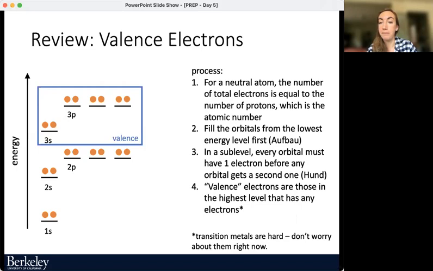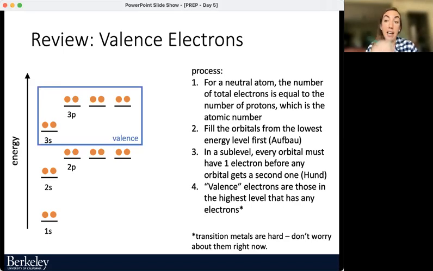Okay. So, oh yeah, go ahead. I have a question about valence electrons. So you said that if there's 8 valence electrons, then it is a really stable element. But does that mean the opposite is true? Like if there's 1 valence electron, then it's extremely unstable, or is it different than that? So that's going to be the whole thing we're going to talk about today. But basically, atoms are going to try to do something to end up with a full valence shell.